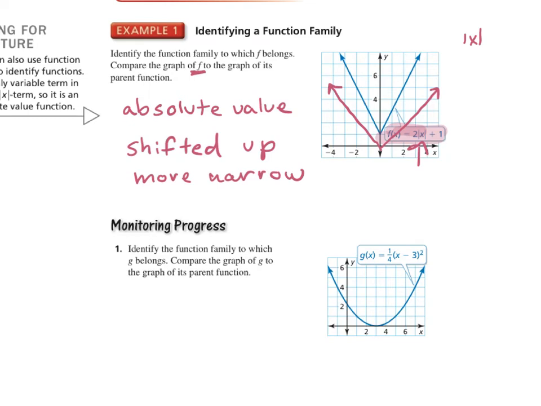Looking at our next example. Identify the function family to which g belongs. Compare the graph of g to the graph of its parent function. What family is this going to belong to? The quadratic. And our quadratic graph would look like this.